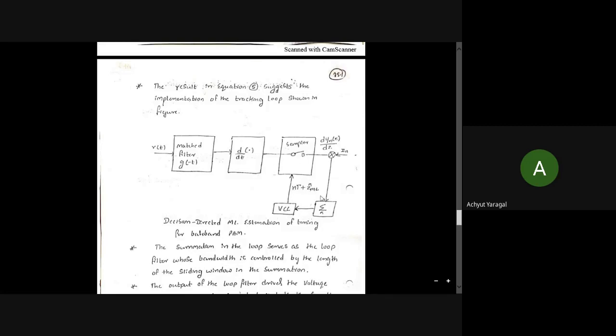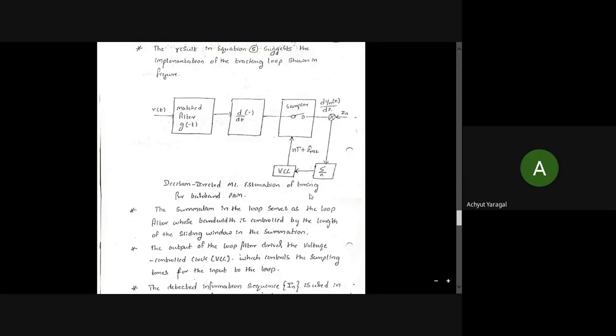How exactly it is sampled is based on the estimate of time, the maximum likelihood estimate, that is nT plus tau cap ML. This is the maximum likelihood estimate of the time, which comes as an input to the sampler from the voltage controlled oscillator.